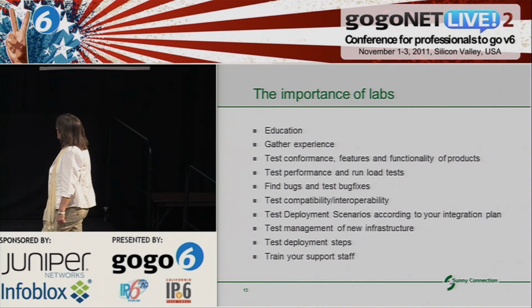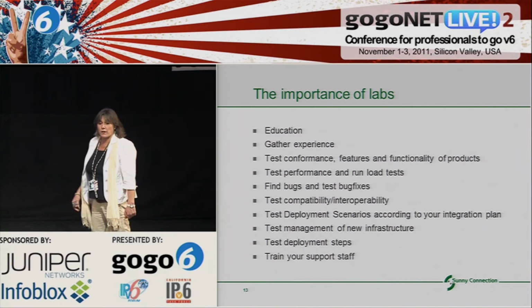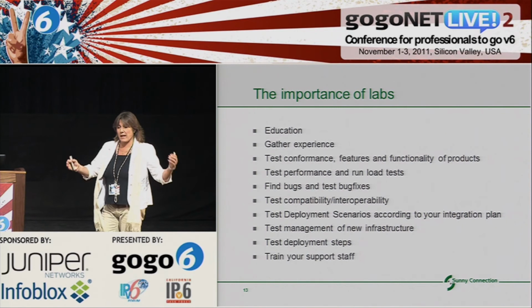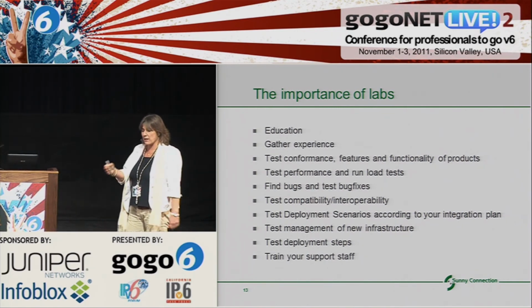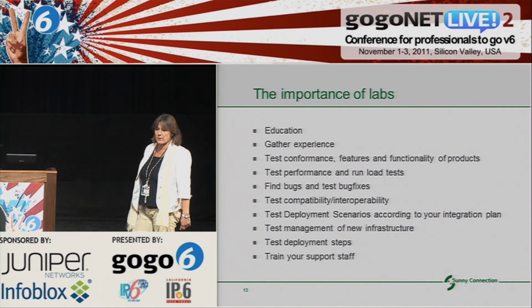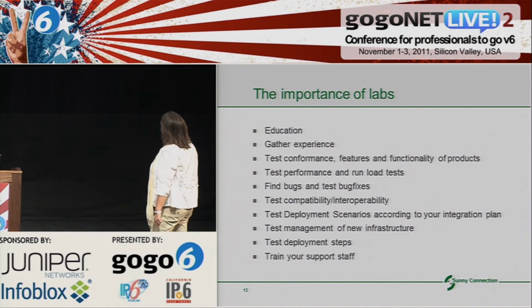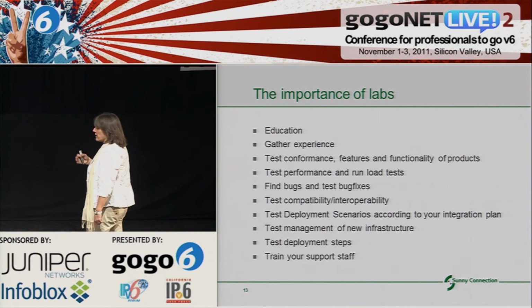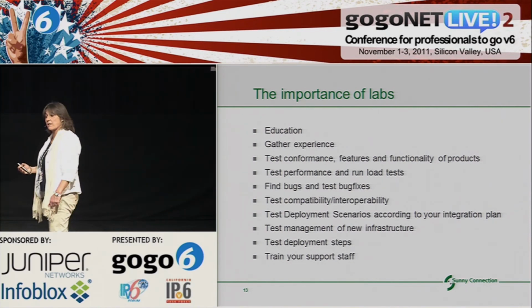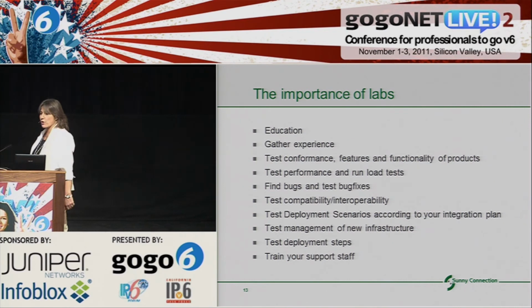You can also test the deployment scenarios according to your integration plan. So you have a plan of how you want to do the next step and how the process will look like. So you will test these steps as closely as you can in your lab before you do it in your production network. You can work on and test how you manage your future infrastructure.